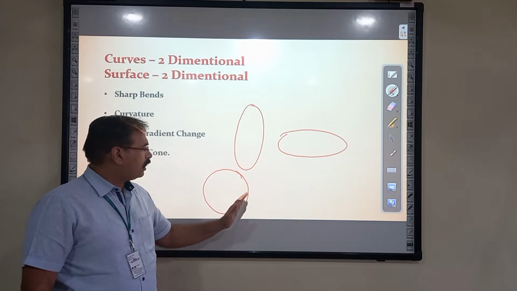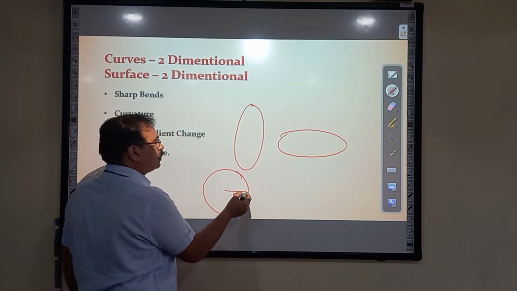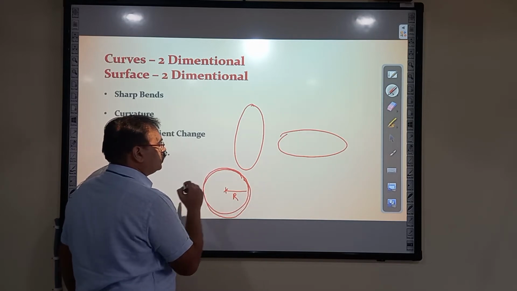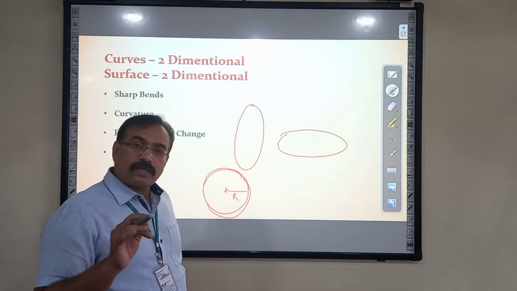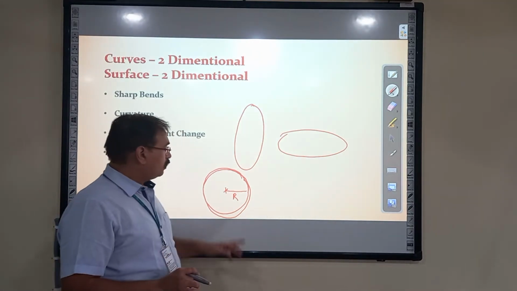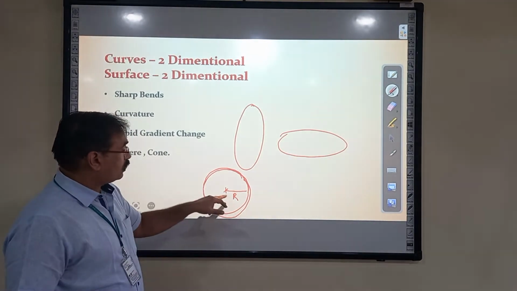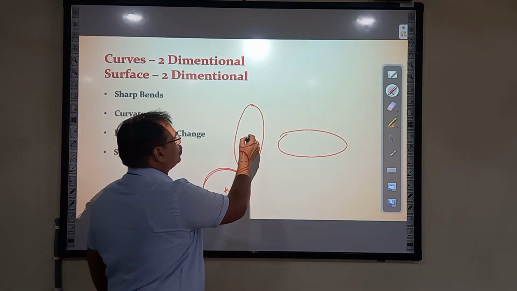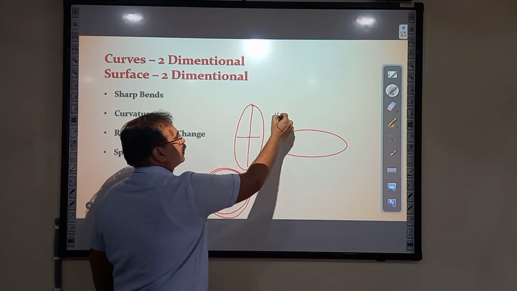Just the center is defined and R is defined, and these curves are going to get generated. What will be changing is the center or radius. But every point on the circle will be equidistant from the center, which may not be the case in an ellipse, but to some extent it can be defined with a major and minor axis.